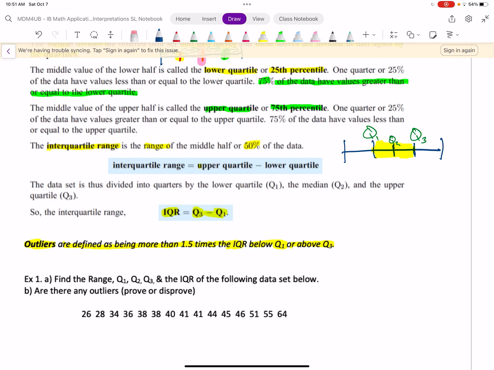There's not really a mathematical explanation for the 1.5, other than that if you take the distance between Q1 and Q3 and multiply it by a measure larger than 1, you're really far up here or really far below here.